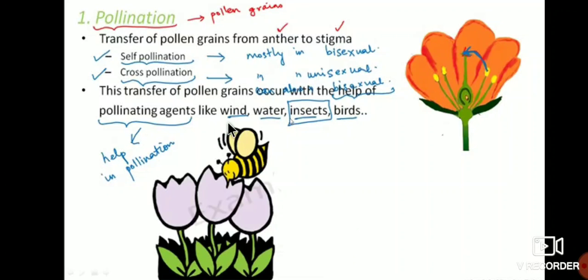They will ask you to list any four pollinating agents that help in the transfer of pollen grains from anther to stigma. So either by wind, or by water, or by insects or birds. Insects are the most common pollinating agents.